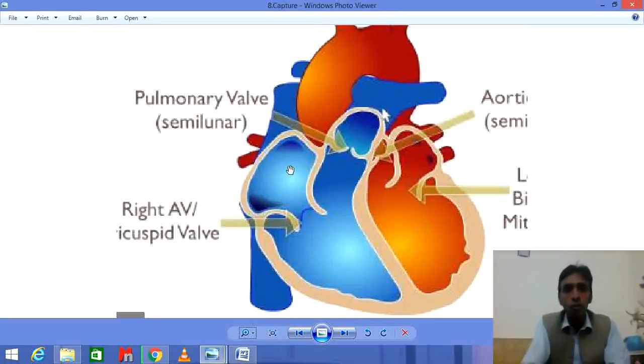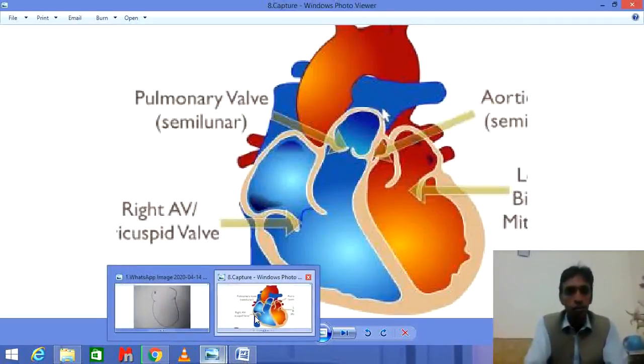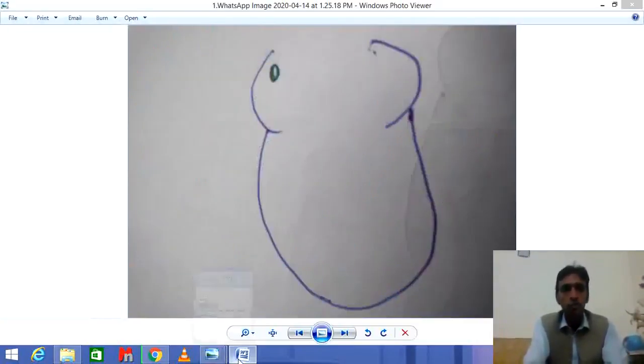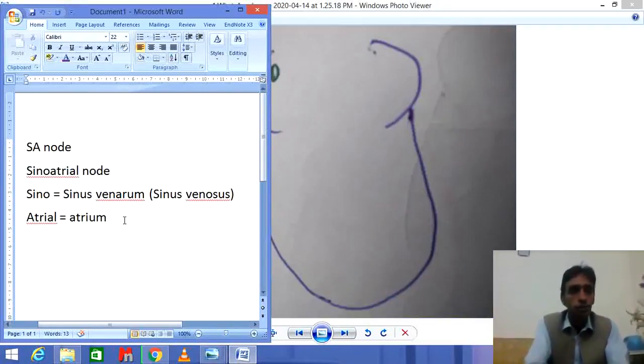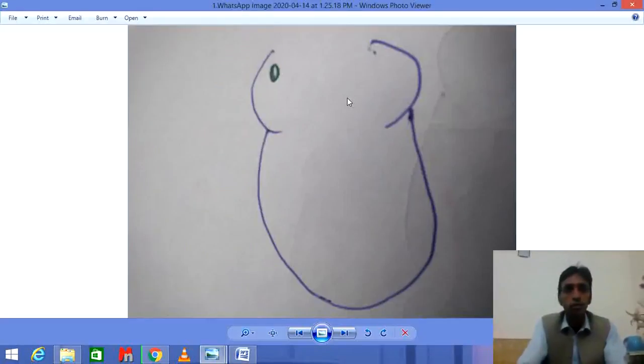The SA node is present in the sinus venarum, on the upper side of the sinus venarum of the right atrium of the heart. That is why it is called the sinoatrial node, SA node.